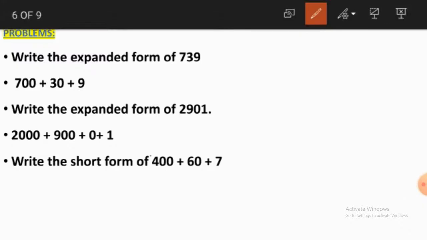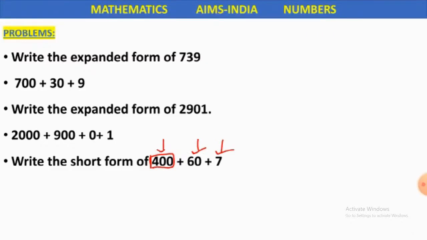In 400 there are 3 digits, and in the question there are 3 numbers. So we can simply write the first digits of each number, which is 4, 6, 7, which is nothing but 467.